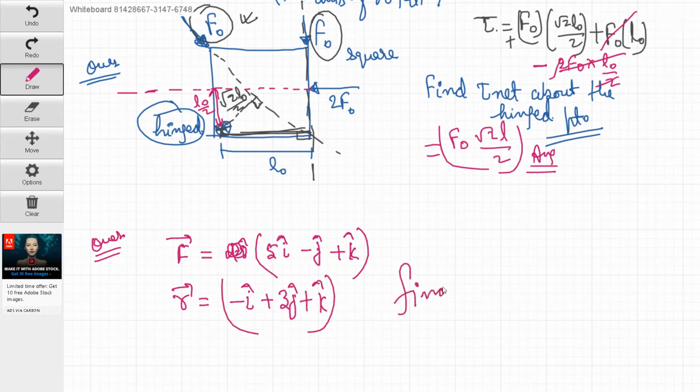Find the torque vector and its magnitude. Do it first.